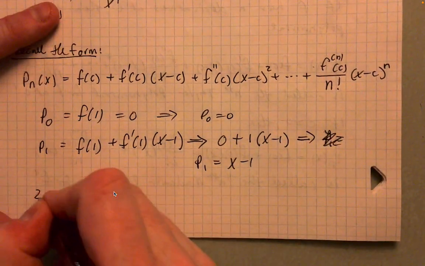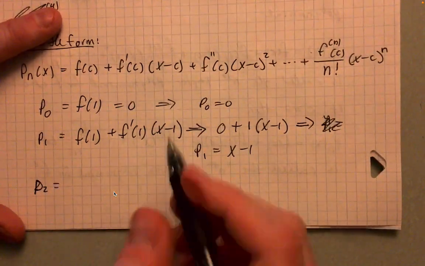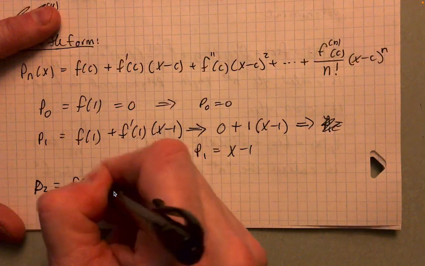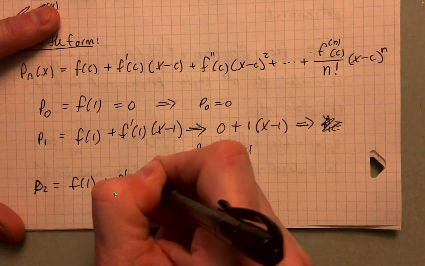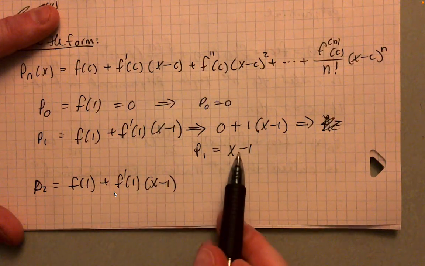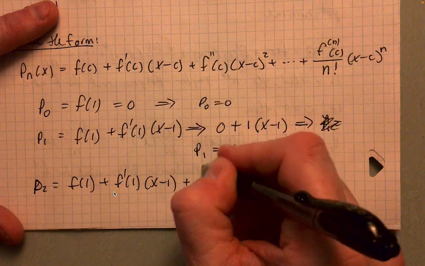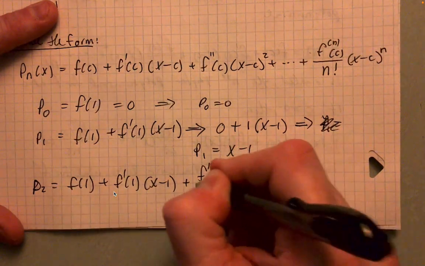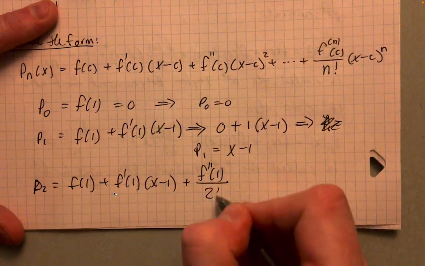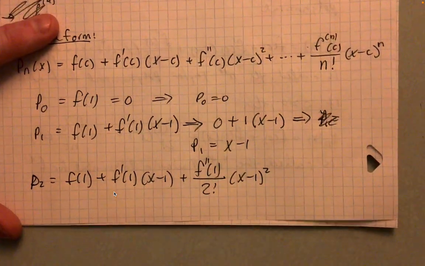What about p2? p2 is equal to f of 1 plus f prime of 1 times x minus 1, right? So of course this whole thing is just this. But here we have to also add in the second derivative, plus f double prime of 1 over 2 factorial times x minus 1 squared.